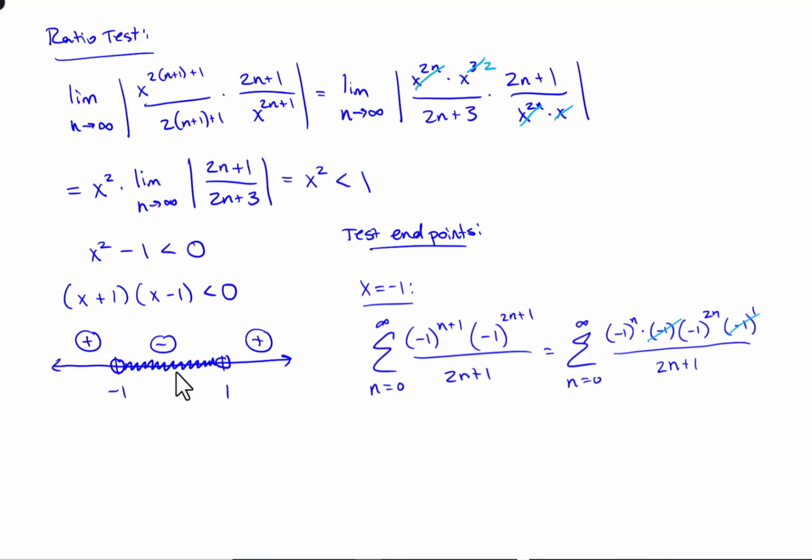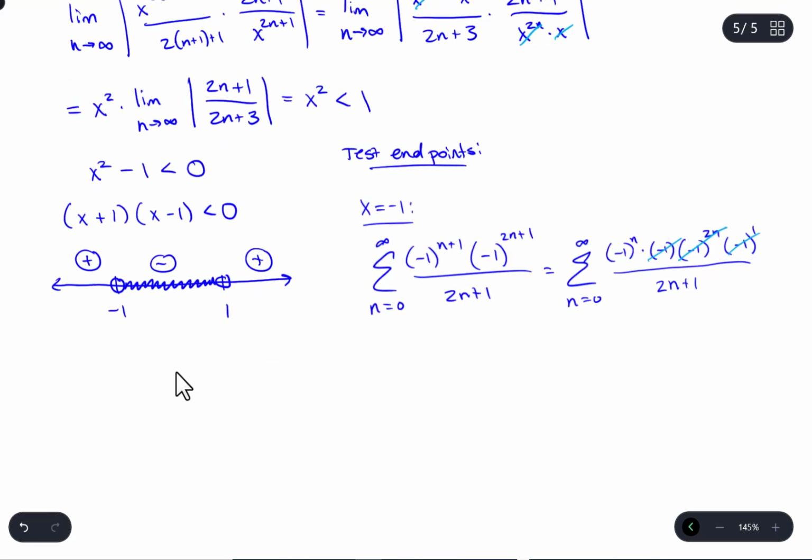And then I have -1 to the 2n, which is interesting because 2n ensures we have an even value, and if we raise a negative number to an even value, the result's always going to be positive. So that term is always going to be just +1, which kind of disappears for us. So this results in the sum from n equals 0 to infinity of -1 to the n over 2n plus 1.